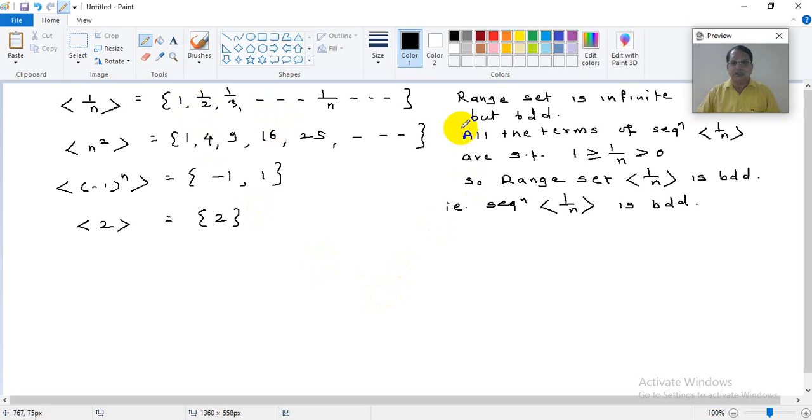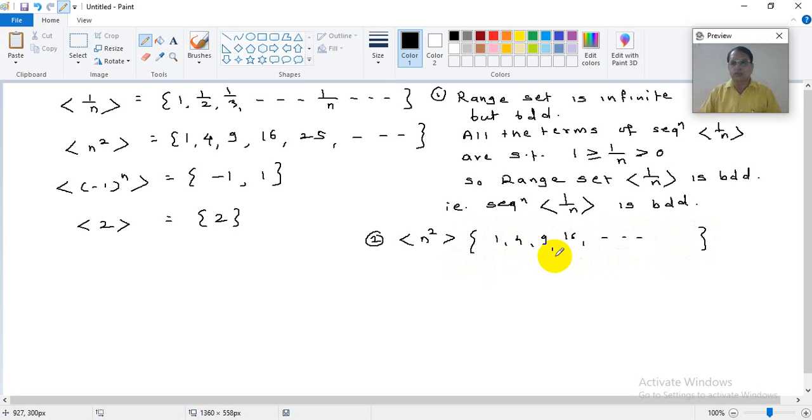What about the second example you take? It is the sequence n square. What are the terms in this? They are 1, 4, 9, 16 and so on. Now you can see that these terms are increasing. 1, 4, 9, 16. This is an increasing sequence. There is no upper bound to this, but it has a lower bound.